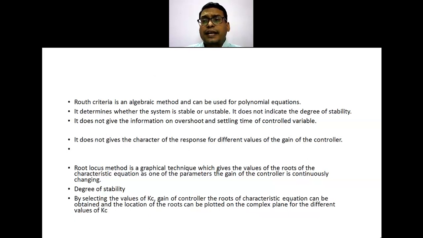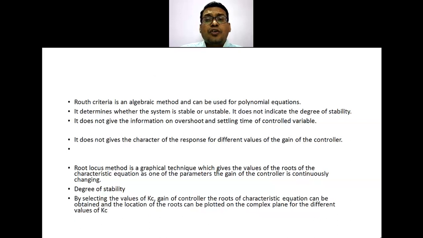It does not indicate the degree of stability, that is, how long it will remain stable and for what values it will remain stable. That is not indicated by the Routh criteria. It does not give information on the overshoot, that is, how much cycling or sinusoidal oscillation, or degree of overshoot, there will be, and how much time it requires to reach the final value of the control variable.